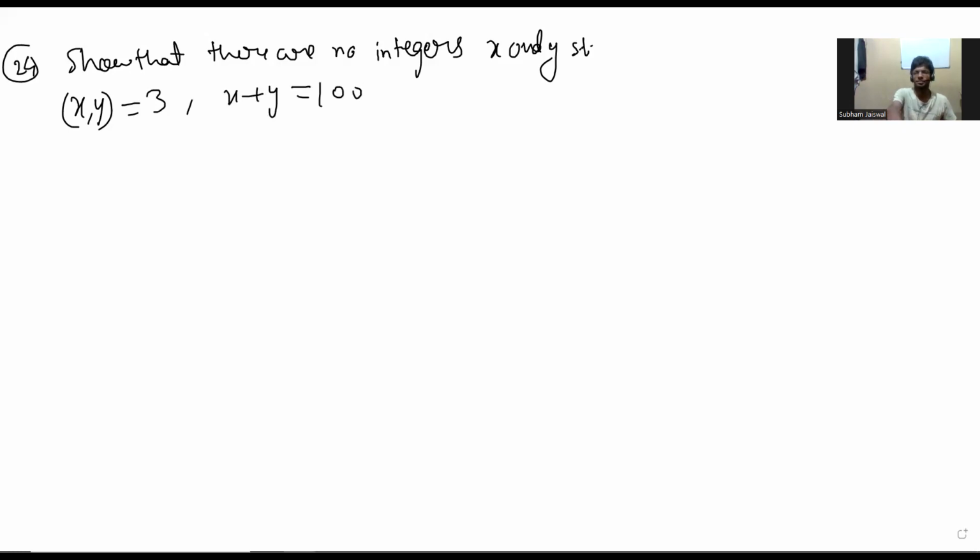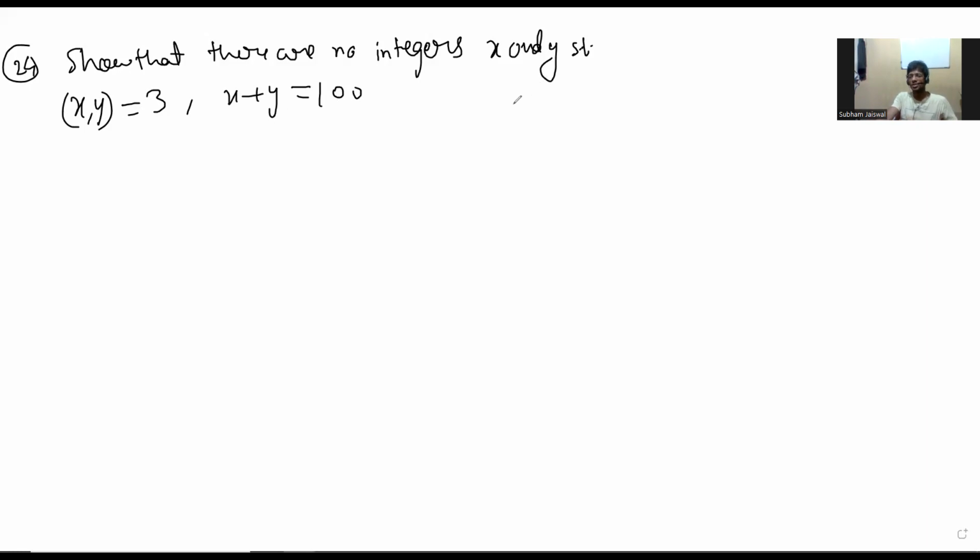Okay. So how do we show that there are no such integers? Right. It is just as simple as that. If the GCD is 3, then 3 has to divide 100 also, right?